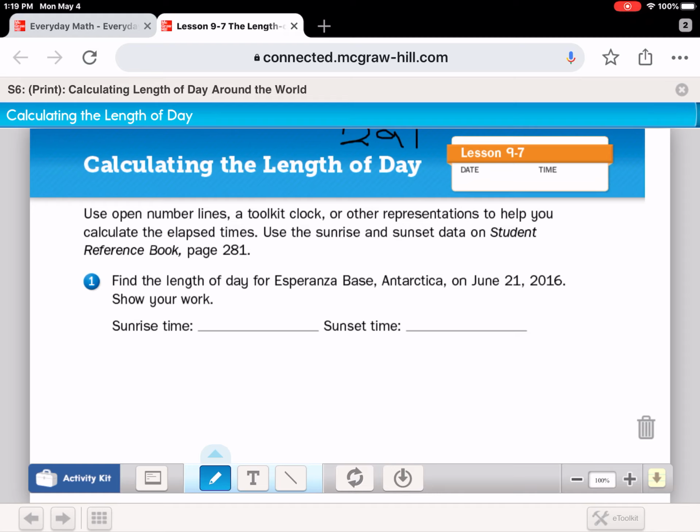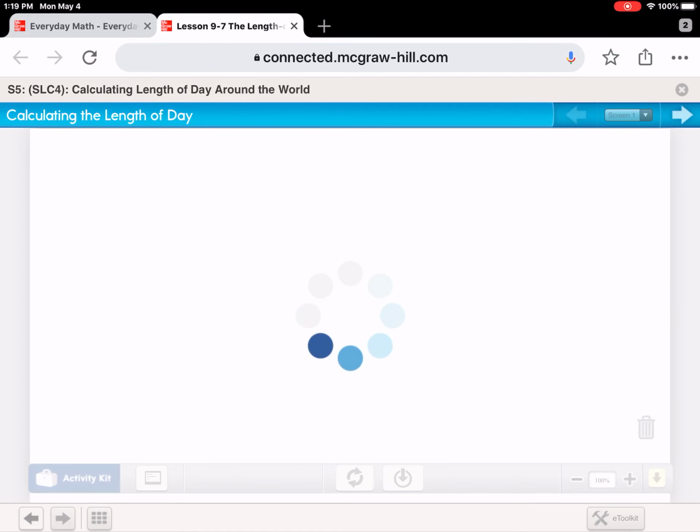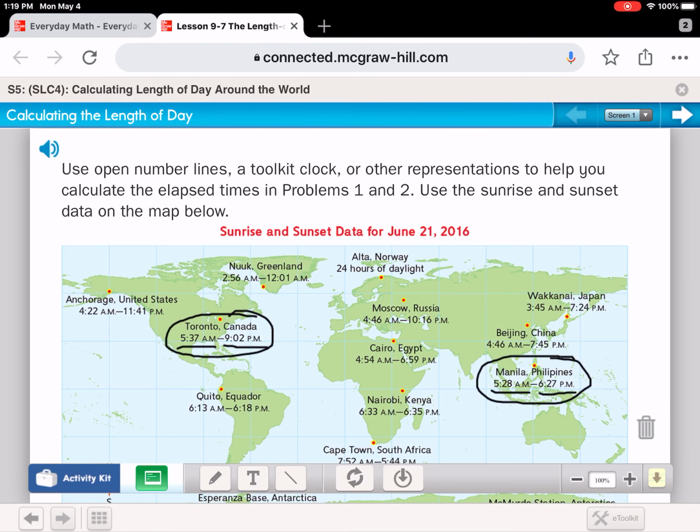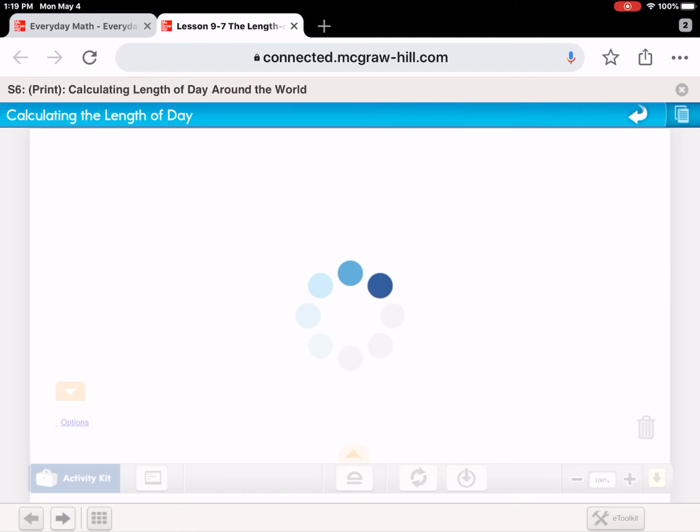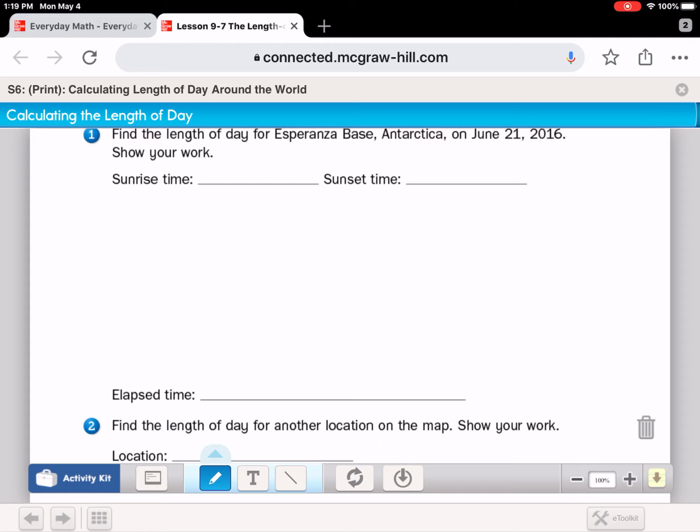The first one says, find the length of day for Esperanza Base, Antarctica on June 21st, 2016. You would go back to the map that we were just looking at. This time, you need to find Esperanza, Antarctica. You'll write down sunrise, you'll write down sunset, and then you need to figure out how much time is between that sunrise and sunset, and you'll write that here for elapsed time.